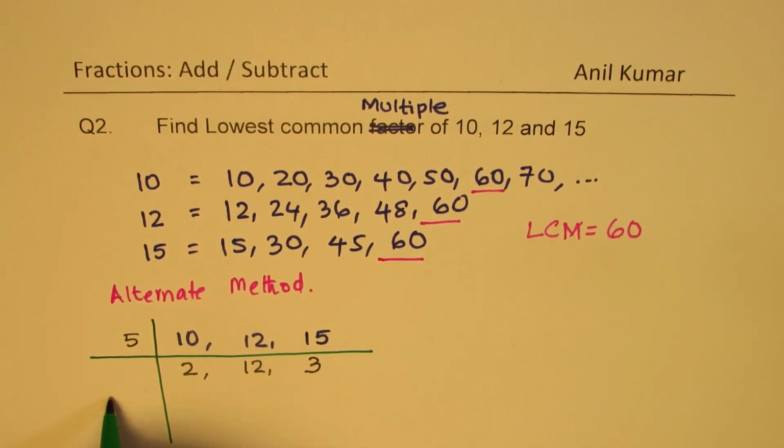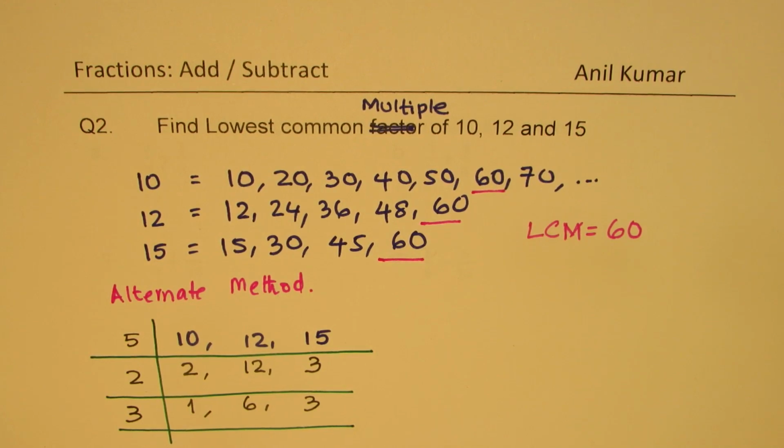Now you will notice that 2 and 12 have a common factor of 2. So we could divide these two by 2, so we get 1 and 6. 6 and 3 have a common factor of 3. So we'll divide this by 3. So what we are doing here is in steps. Since 1 cannot be divided further, we are writing 1 as such. 6 divided by 3 is 2 and 3 divided by 3 is 1. So with that we get these numbers on this side.